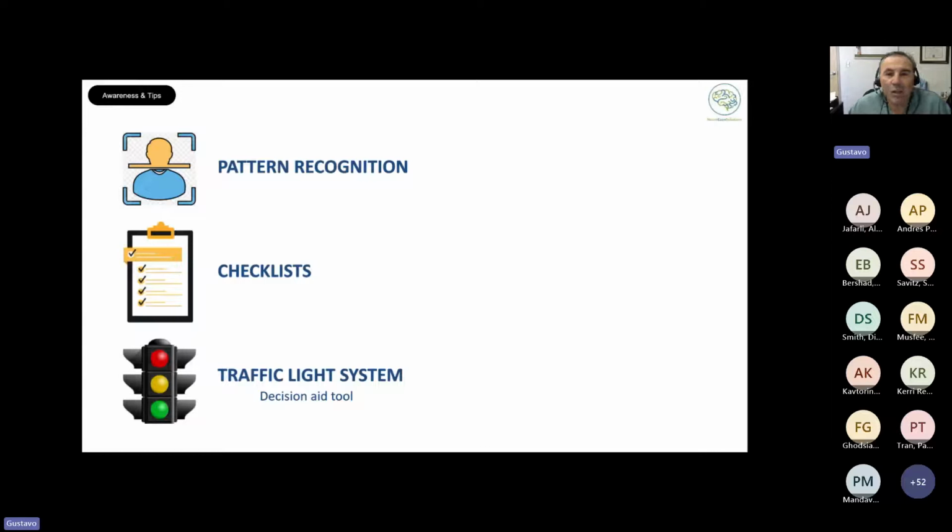Finally, the application of the traffic light system, when you have an awareness or risk-catching strategy that is coupled with an action, has been proven to be effective. We showed that the traffic light system was one of the interventions that decreased the risk of therapeutic inertia in the diagnosis of multiple sclerosis, and it has also been used for other conditions.